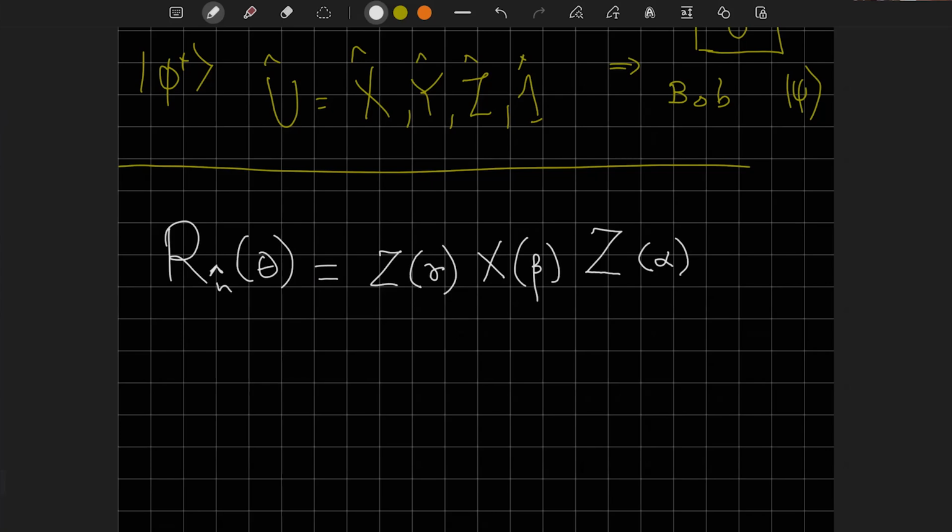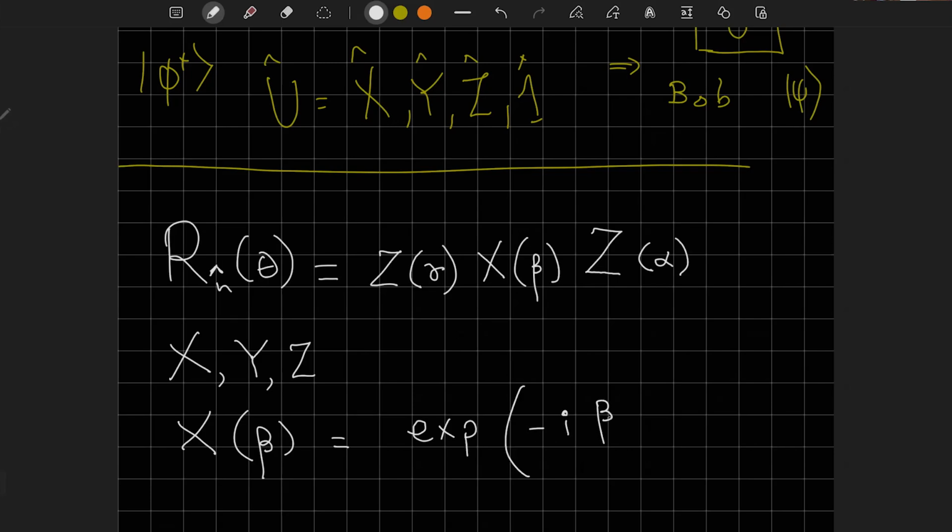So let's look at how I define things. X, Y, and Z, without any argument, are my Pauli operators. But if I write X of beta, with an argument, it means exponent minus i beta X by 2. So it's a rotation about the x-axis of the Bloch sphere by an angle beta. This is my notation.